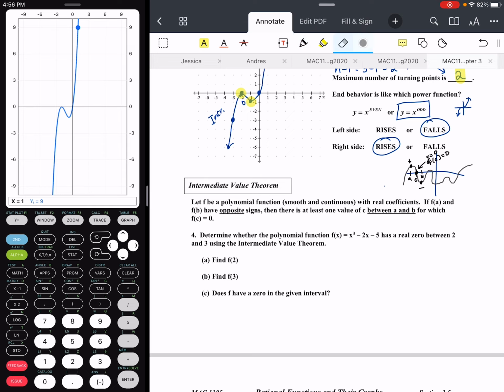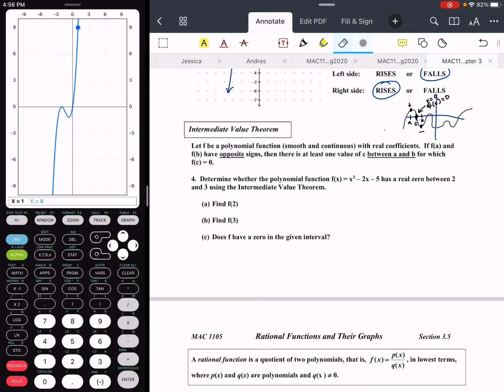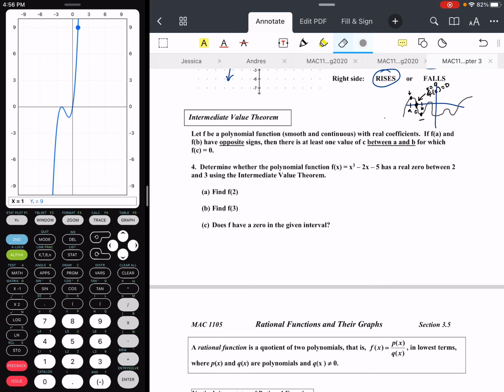Okay, so to apply the intermediate value theorem, we're given the function f of x equals x cubed minus 2x minus 5, and it says determine whether the polynomial function f of x has a real 0 between 2 and 3 using the intermediate value theorem. So first we find f of 2.